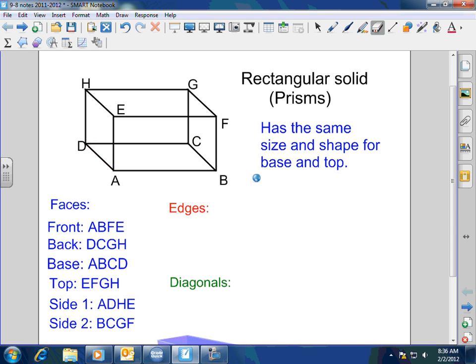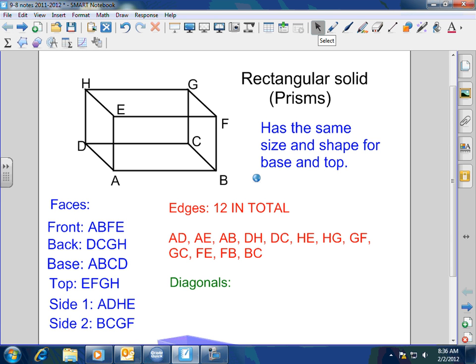Now, there are also edges, and there are 12 edges in total. Here they are, all 12 of them.